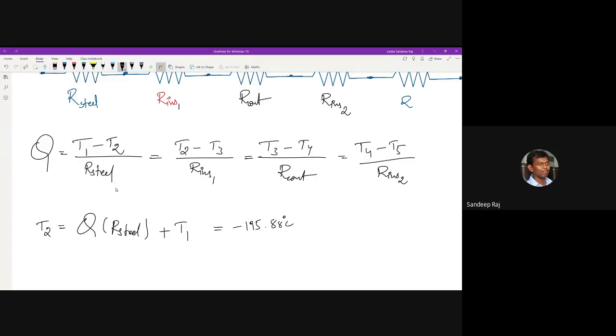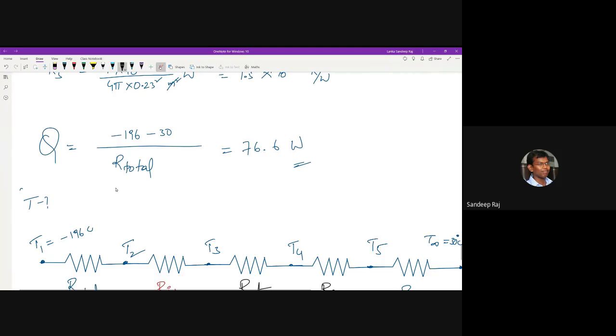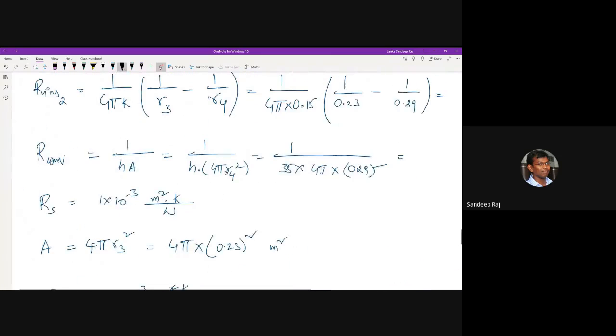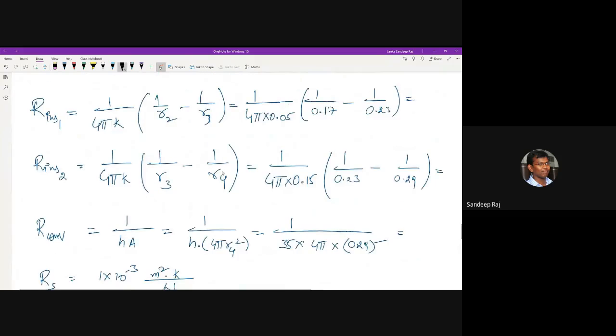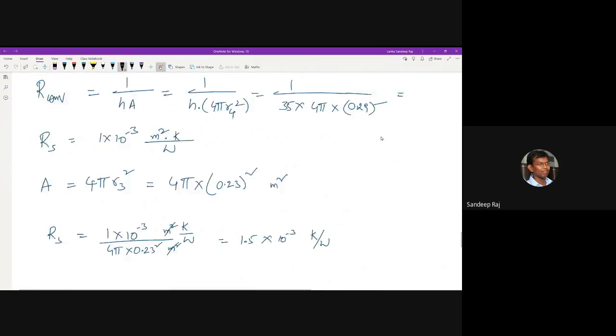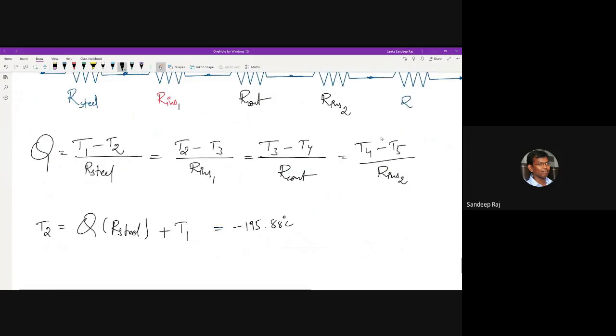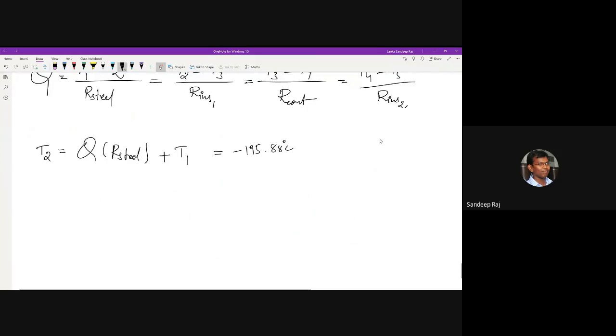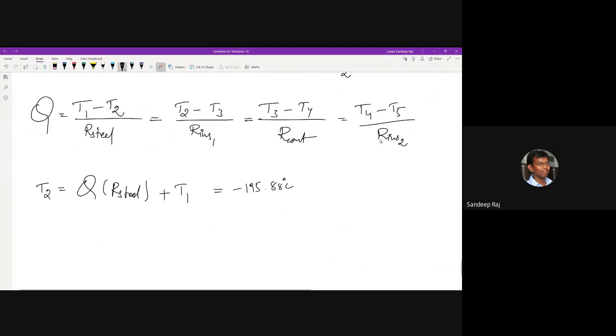The Q value is already known to you. It is 76.6. The R steel value is known to you from this expression, and T1 is known to you. Substitute the values. You will get the T2 value. So that's the thing, and we'll move on to the next one.